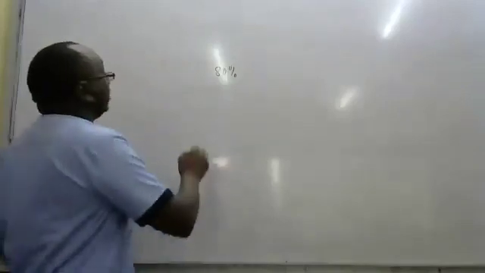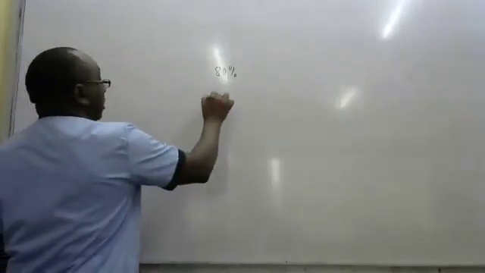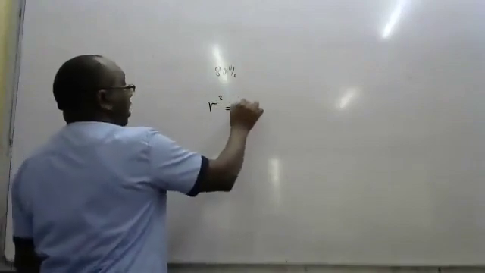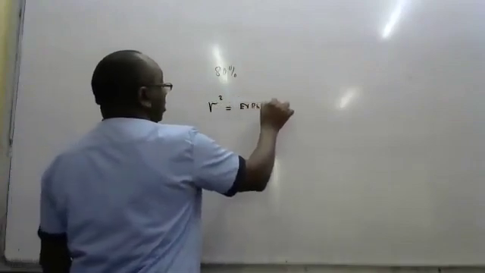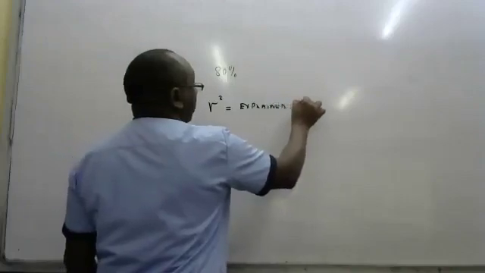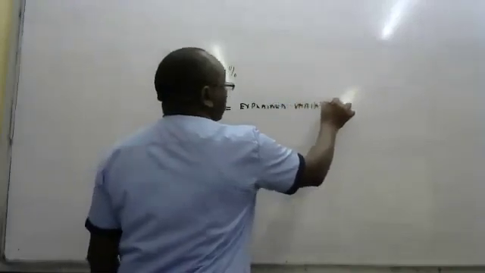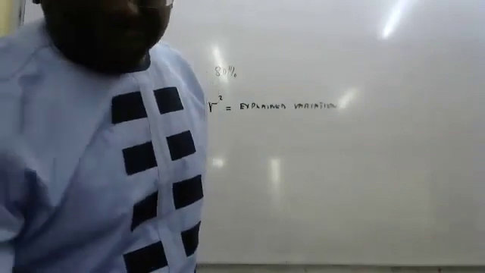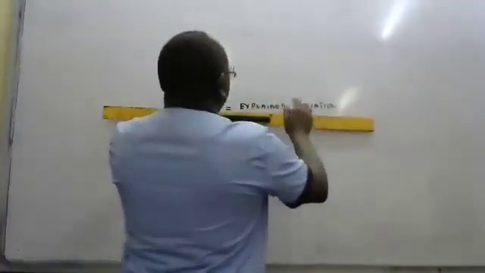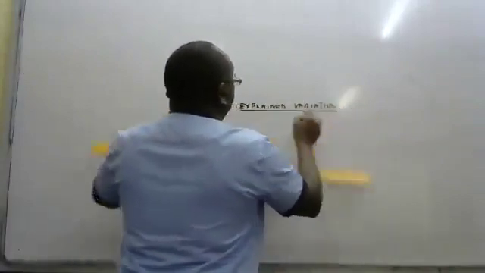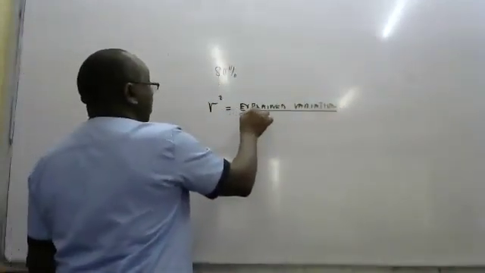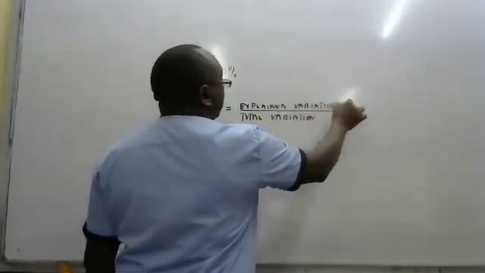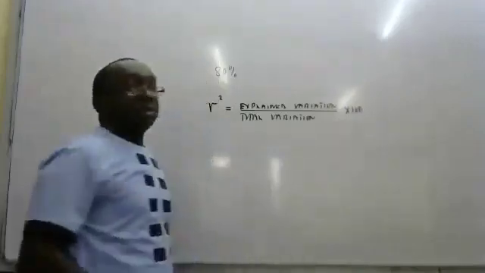It's computed as R square is explained variation divided by total variation times 100.